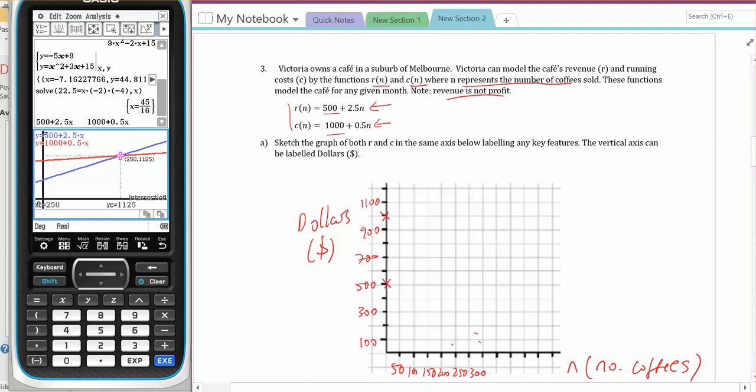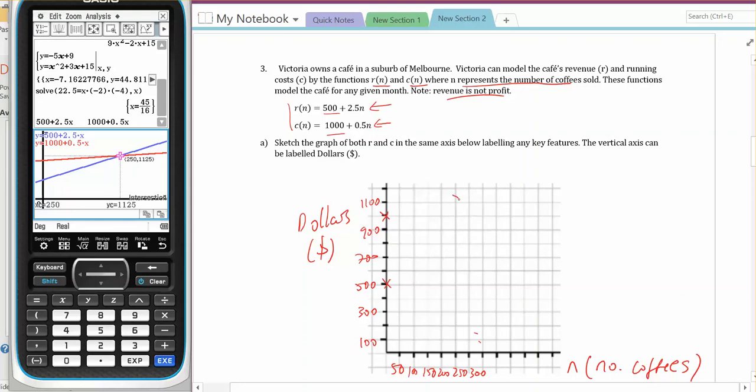And an intersection point between two graphs, or the point they have in common, would be when you sell 250 coffees. So 250 is here, and it's at 1,125. So 1,125 is somewhere over here. Oops, it's a quarter of the way up the square. So you've got to make sure you're pretty accurate.